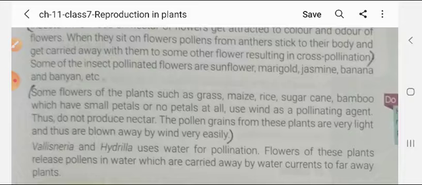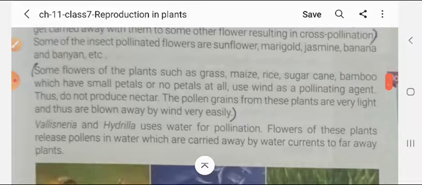They use wind as the pollinating agent, and thus do not produce nectar. The pollen grains from these plants are very light, and by the slow movement of the wind they easily rise from the anther and are transferred to the female reproductive part, that is the stigma.